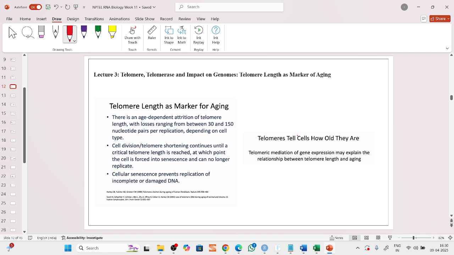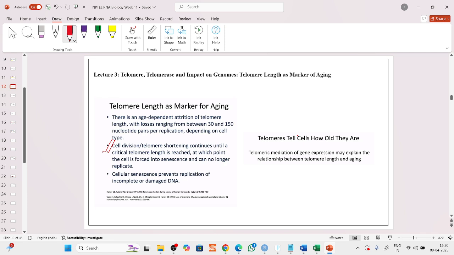This is what I've been telling you since the start of the class: with each cell division, there is chromosome shortening happening. So this keeps happening until a critical telomere length is reached, and now the cell decides that after this it cannot replicate, because then there would be no telomere left and there would be only loss of the genomic content.